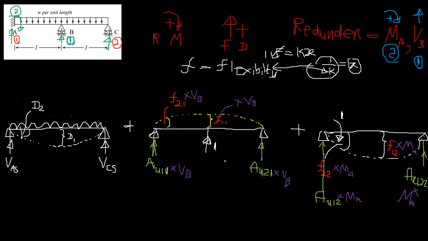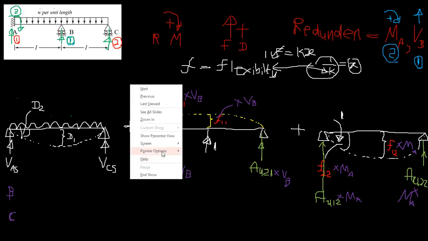First, we check compatibility, right? So if we check compatibility at B, the shape, at B you don't have any settlement. So that means your displacement, the shape of the profile, is zero, right? It does not deflect because it is well supported.